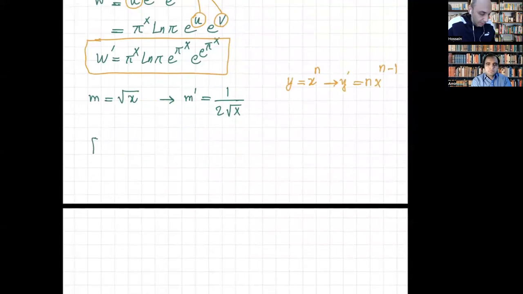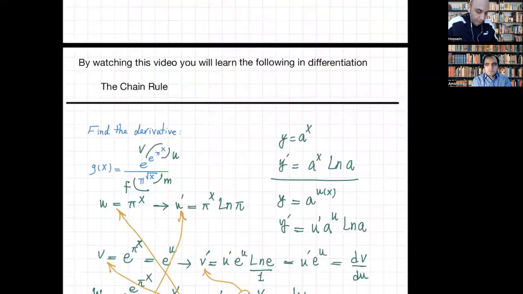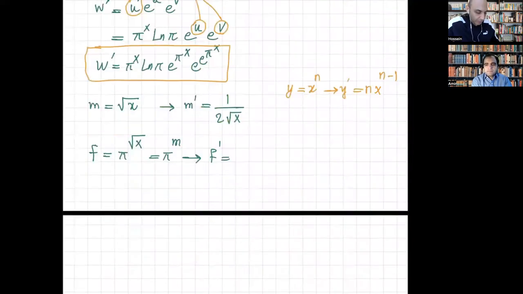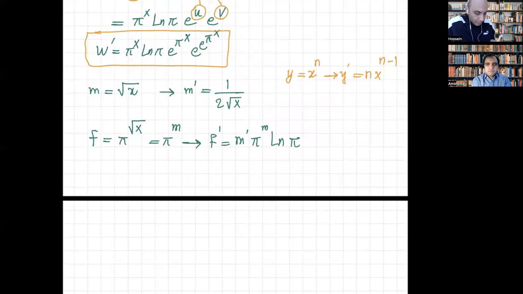Then I have f equal pi to the square root of x, or pi to the m, and then f prime is equal to, going to use the exponent rule here, so it's going to be m prime pi to the m ln of pi. And this is df to dm, correct.